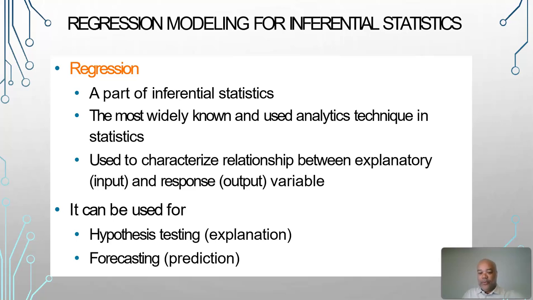In forecasting, regression models use historical data to make predictions about future outcomes, such as estimating next quarter's sales based on past trends and external factors. Regression's versatility extends to various domains: finance, healthcare, social sciences, where it's used to predict stock prices, patient outcomes, social trends. So its ability to uncover relationships and make predictions makes regression an essential tool for any data-driven approach to problem solving.